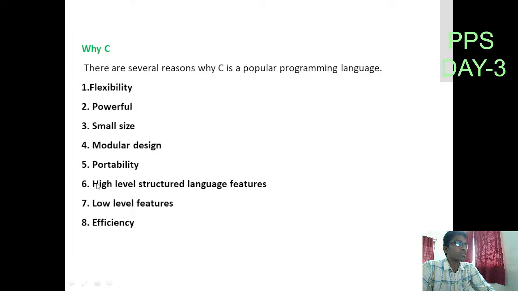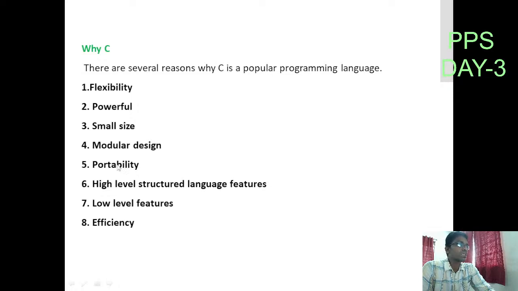Then portability, which means you can run C programs on any operating system. The next one is high level structured language features. C programming contains high level structured language features, and it also contains low level features. And finally, efficiency. It gives the exact solution for the given problem.